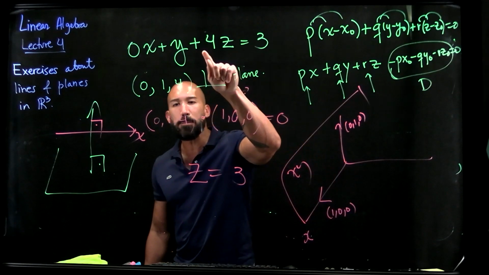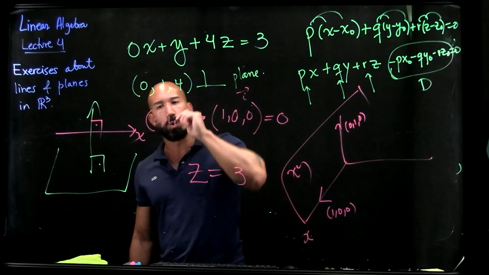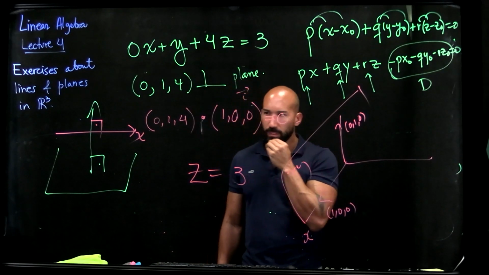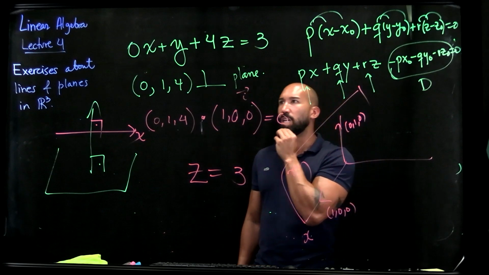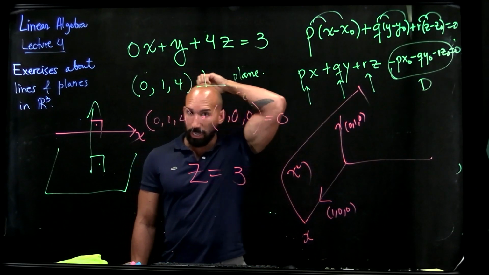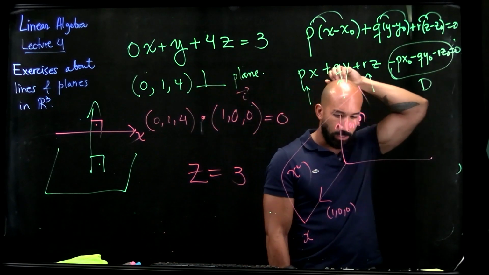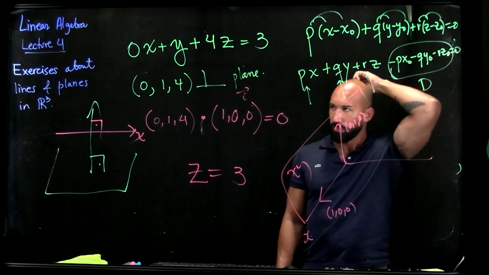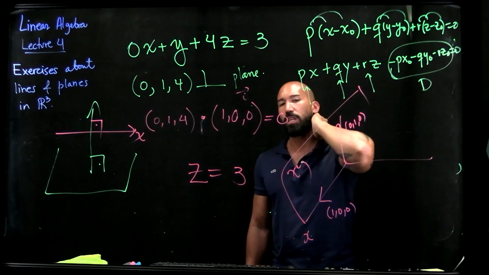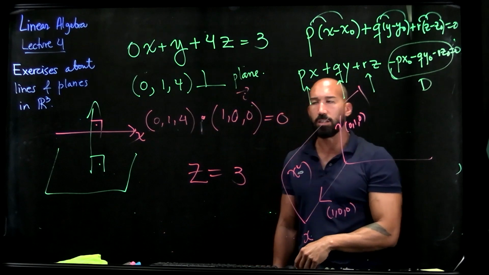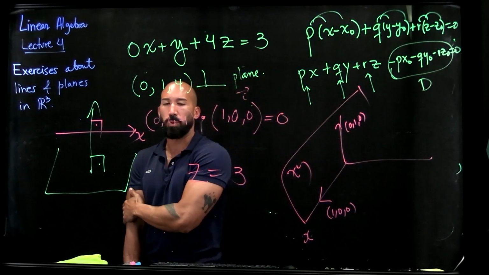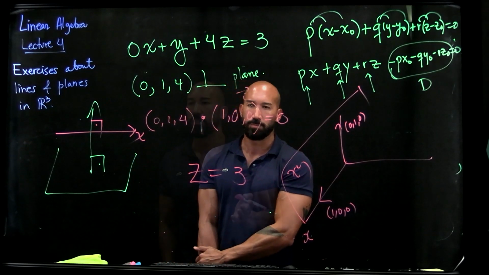If this same plane, let me come back to this one, the one in which x is not appearing. We already know that it's going to be parallel to the x-axis. Is that okay? Okay. What happens if we describe that plane using a parametric equation?